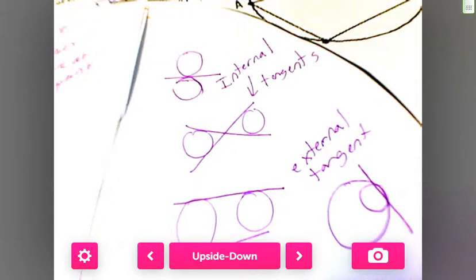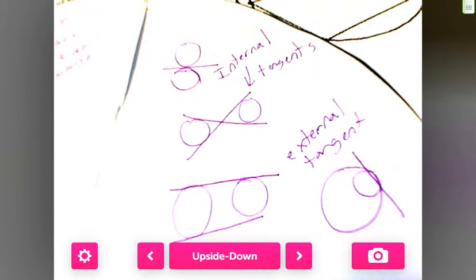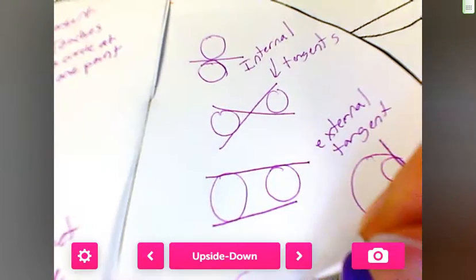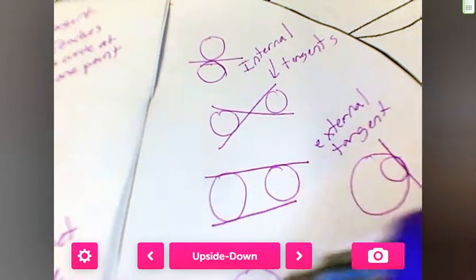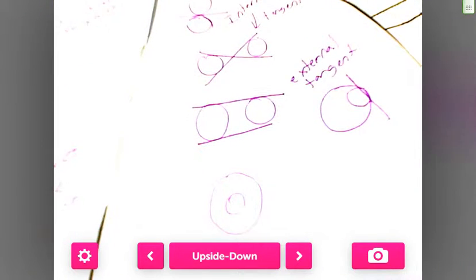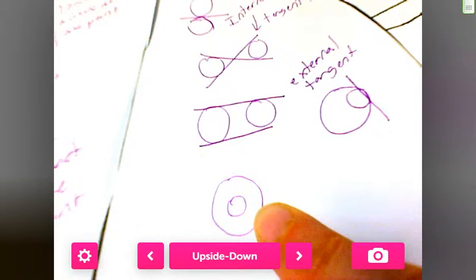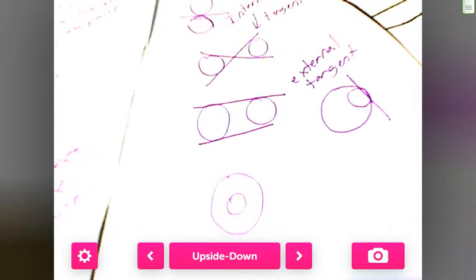That's still an external tangent. Can these two circles have any tangents that they share? No, because a tangent can only touch a circle in one spot, so it can't go through it. It just touches it at one spot.